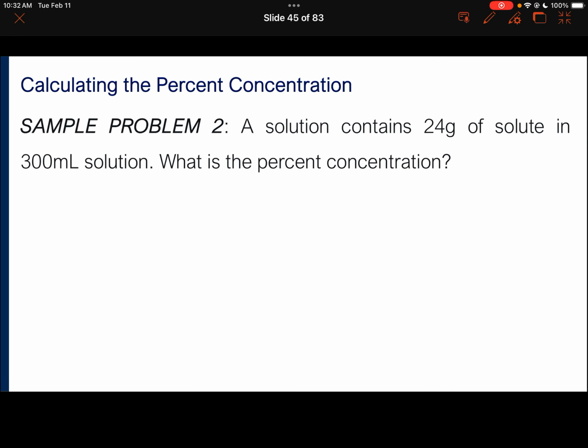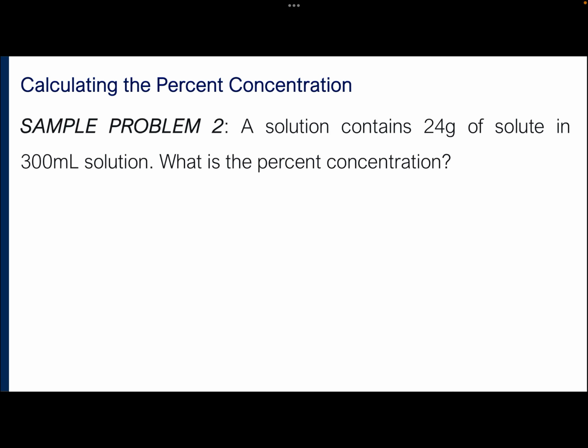We have grams here and the volume in ml, so we have percent weight over volume equals weight, 24 grams, divided by 300 ml, times 100. This will be calculated using your calculator, that is 8.0%, or following the significant figures, we have 1, so 8%.